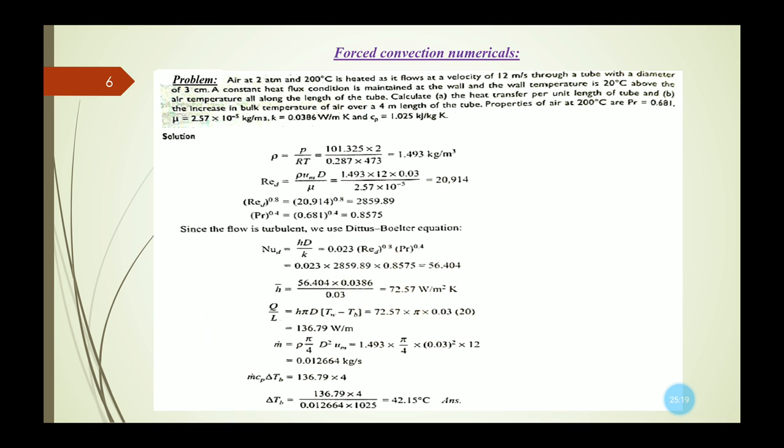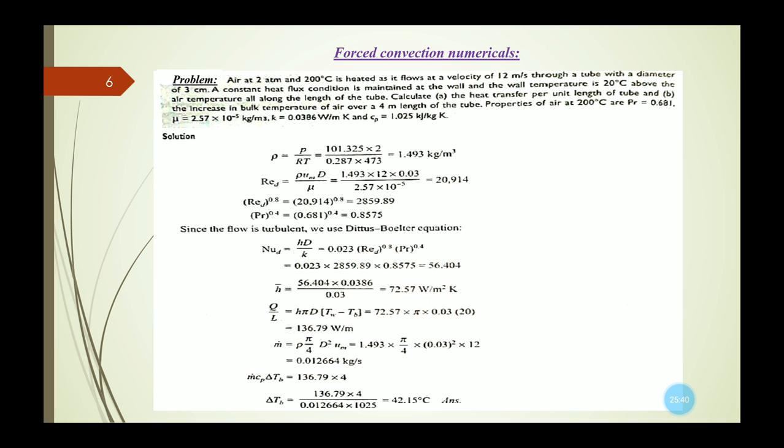For the density we know that P equals rho RT, as P, R and T are given here, and the value of R is actually a default value, so we need to remember this one. So from this you can calculate the value of the air density, which is coming as 1.493 kg per meter cube.